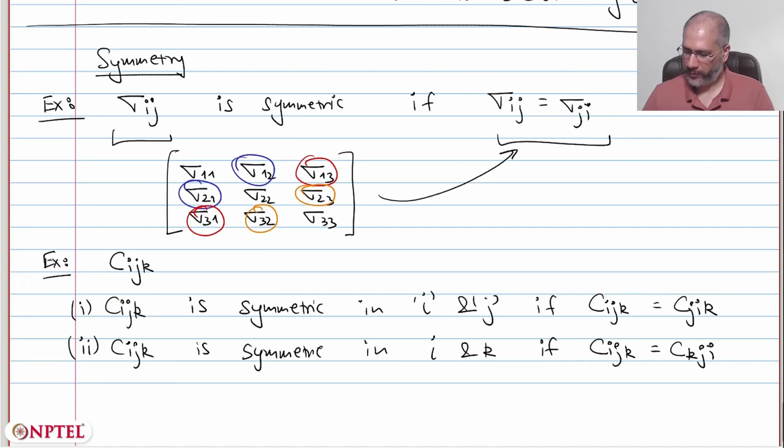In that case, we'll write Cijk equals Ckji. So both 1 and 2 are completely different. They may or may not be true at the same time. So this is something one has to specify clearly.